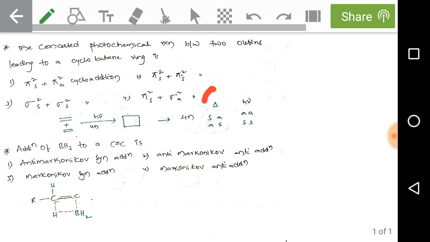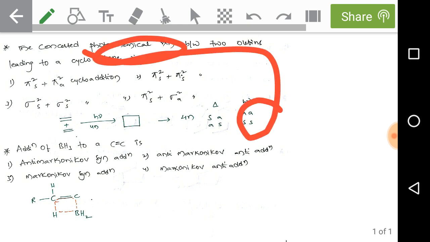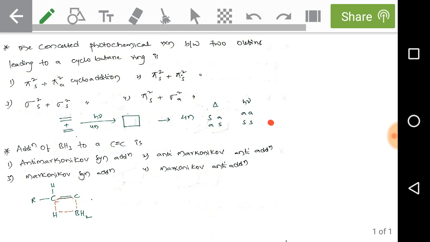Under thermal condition it should be supra-supra or antara-antara addition. Here we have photochemical conditions, so it should be antara-supra or supra-antara. In the options, the second one shows supra addition, that's why the second option is the correct answer. Just check the best concept lectures on pericyclic reactions in our courses.